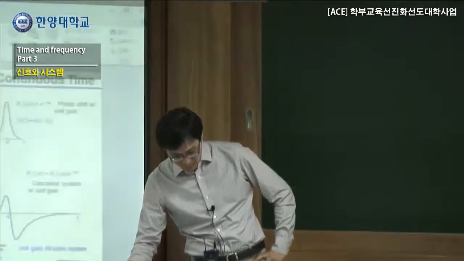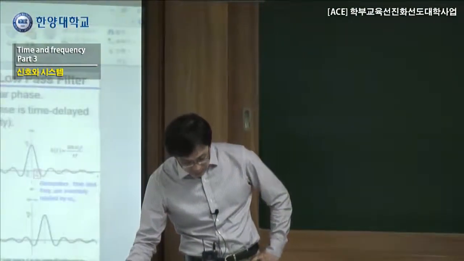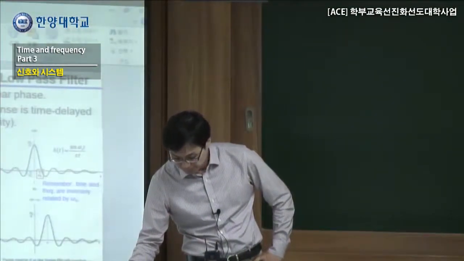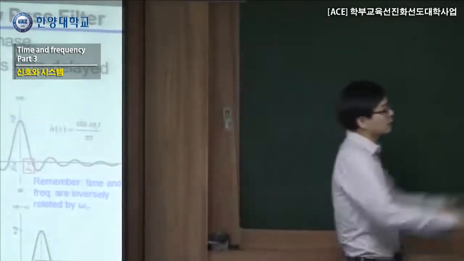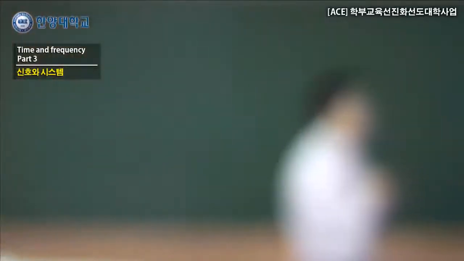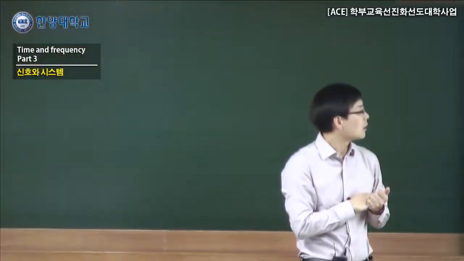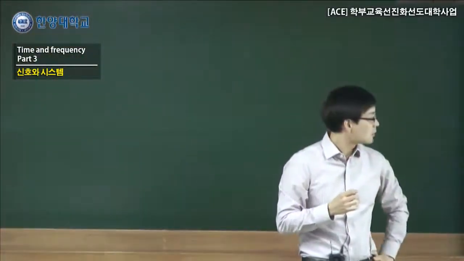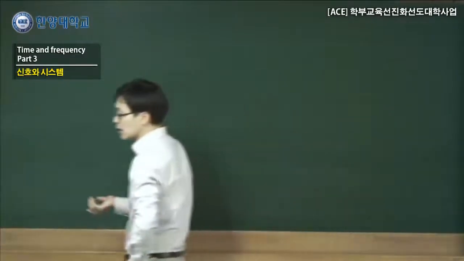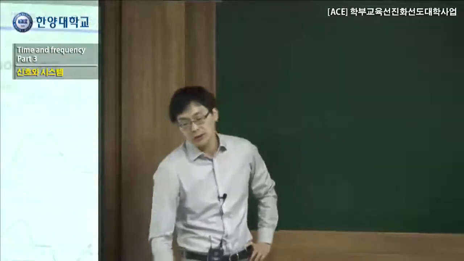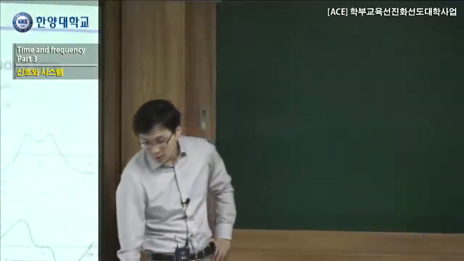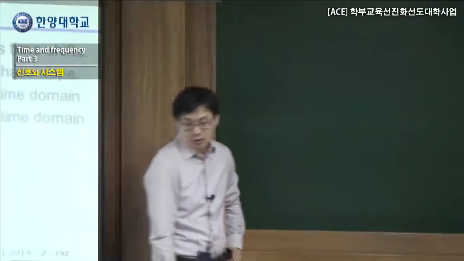So let's start today's lecture. In the previous lecture, we talked about time and frequency. We have one tool, the Fourier transform, that bridges time and frequency. And we talked about two concepts.